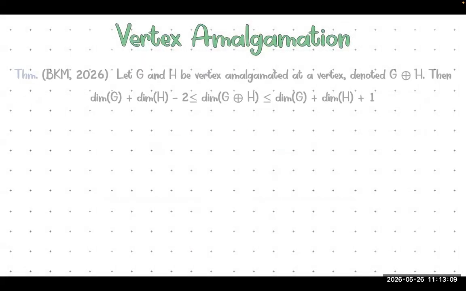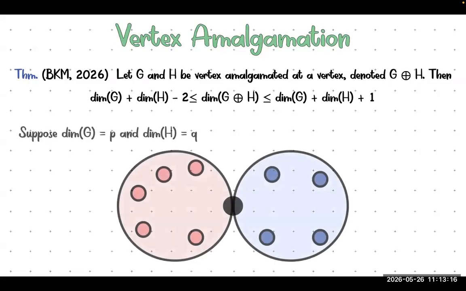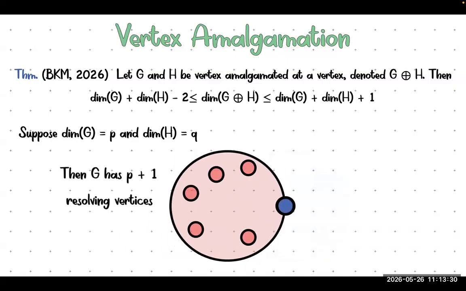So for the vertex amalgamation, we were able to bound it above and below. I'm going to give a sketch proof of this. Suppose this side has P resolving vertices, and the other side has P. If we attach them by the vertex V, which we will identify in the beginning, then we can contract the whole side into one. So we can see this as having P plus 1 resolving vertices.